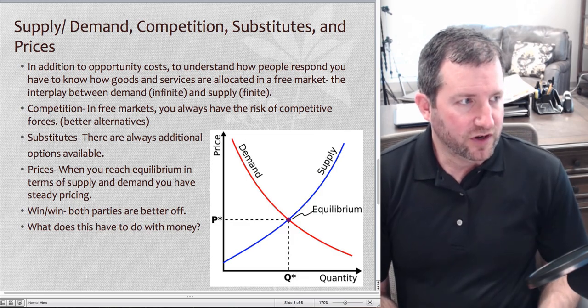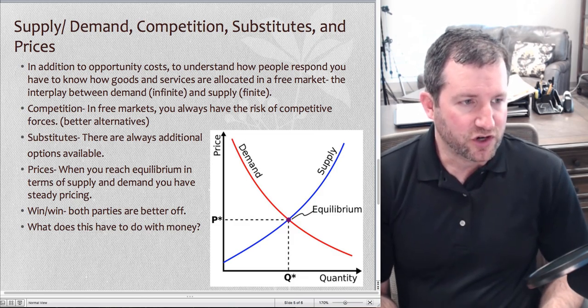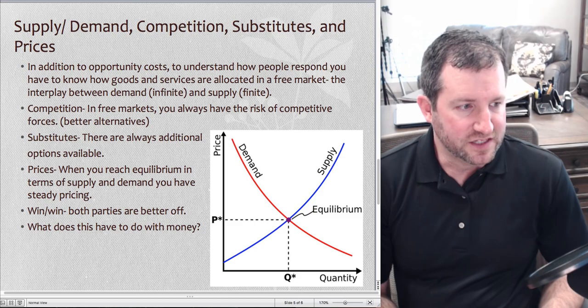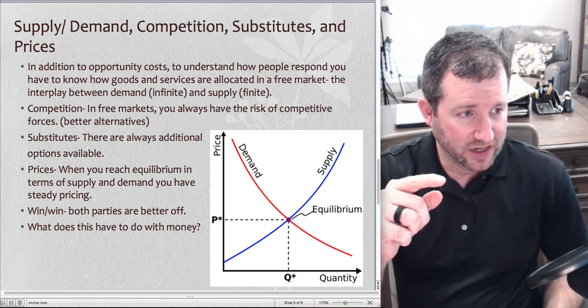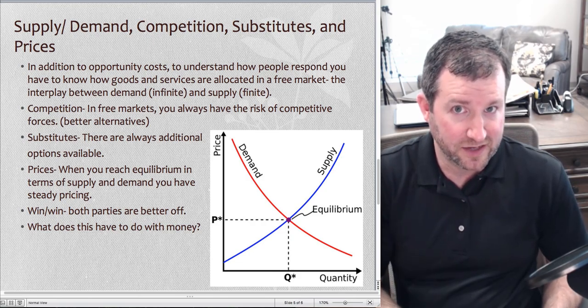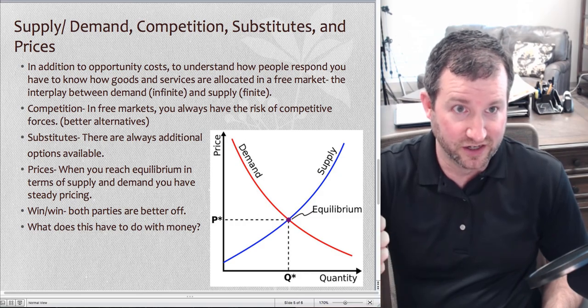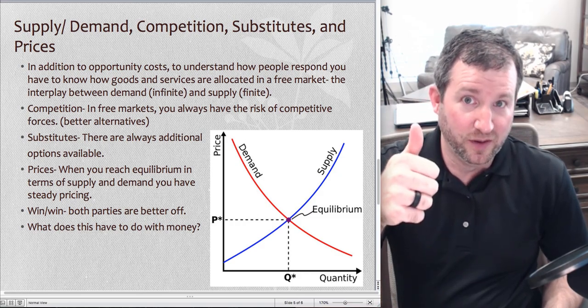Okay, and then I've got a chart, and you can see there's the chart of demand and supply. It's a little bit complicated, but basically, as demand increases, and if the supply stays the same and demand increases, what's the price going to do? The price is going to go up, right?